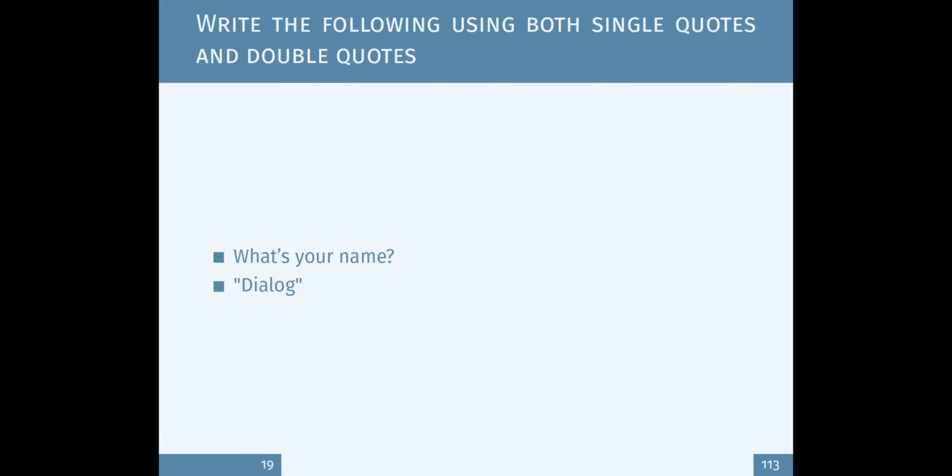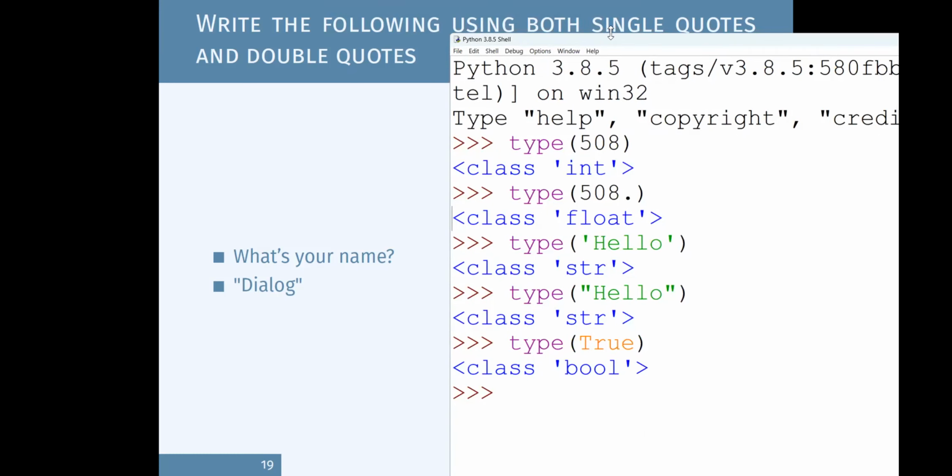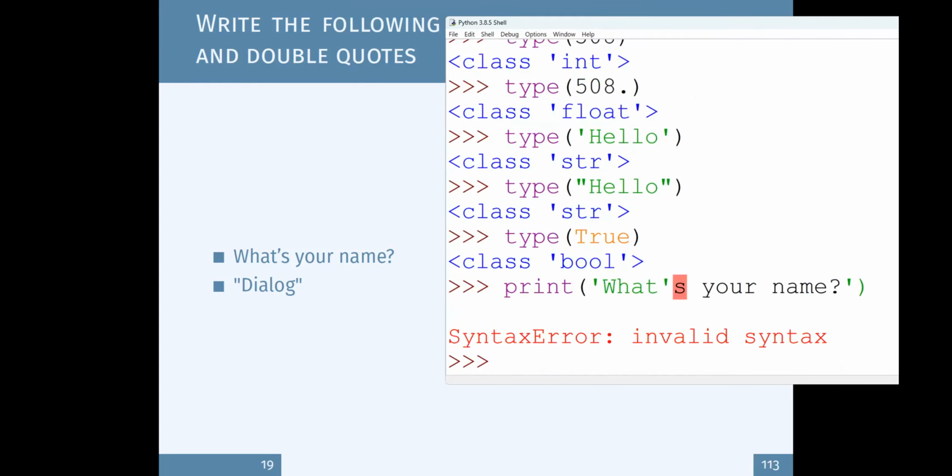And why do you need two representations? Sometimes a single quote or double quote could be part of the data. For example, this one. So what happens here? If you're trying to use a single quote, which might give you a problem, like if you write a single-quoted string to say what's your name, that gives a problem because Python gets confused with this.